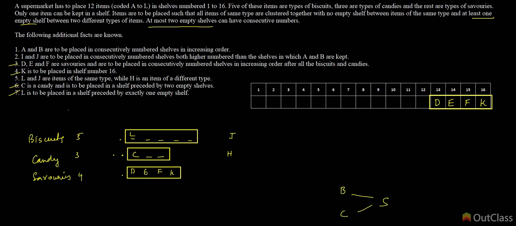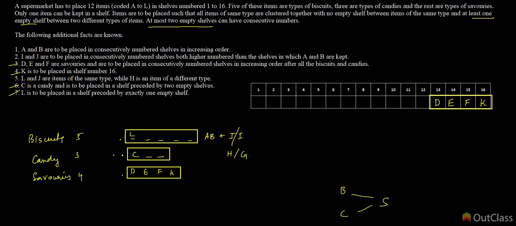Okay. Now we know that I and J are to be placed in consecutively numbered shelves, so they are of the same type. Both higher numbered than the shelves in which A and B are kept. They're both higher than A and B, but between them who is higher we don't know. And that leaves us with only G is left as the last spot.